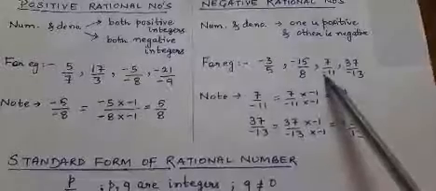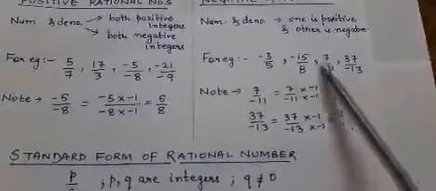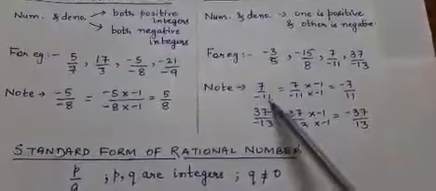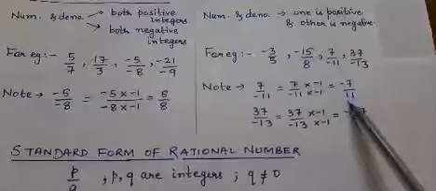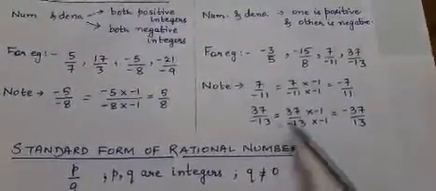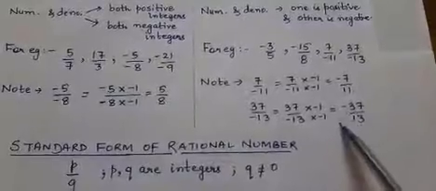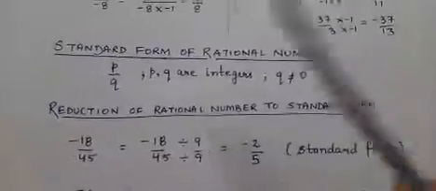Always remember that the negative sign can be taken to the numerator, like 7 upon minus 11 when multiplied by minus 1 gives us minus 7 upon 11. Similarly, 37 upon minus 13 can be written as minus 37 upon 13 after multiplying by minus 1.